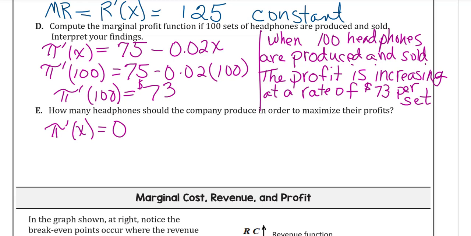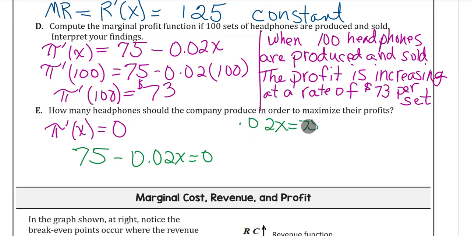So taking the derivative of our profit function, which we already did, we want to set 75 minus 0.02x equal to 0 and solve this. So we're going to have 0.02x equals 75. So x is going to equal 3,750.